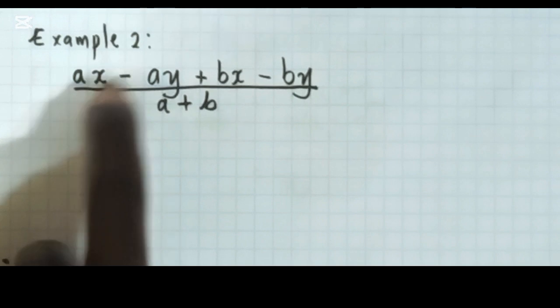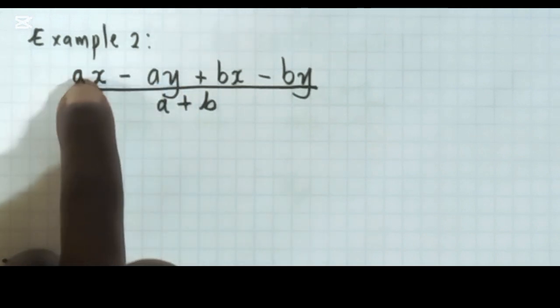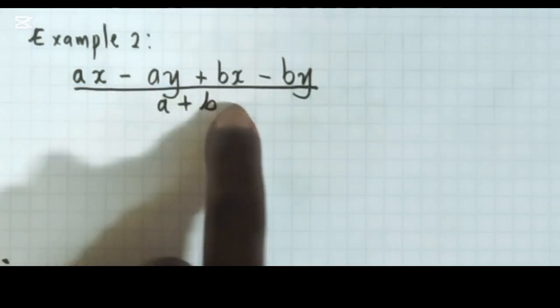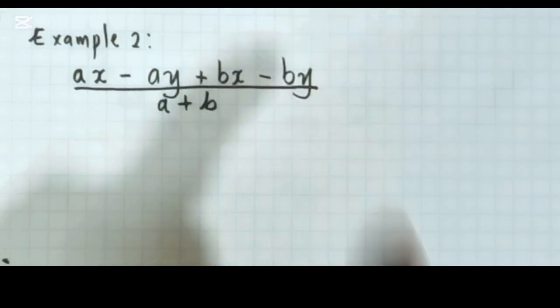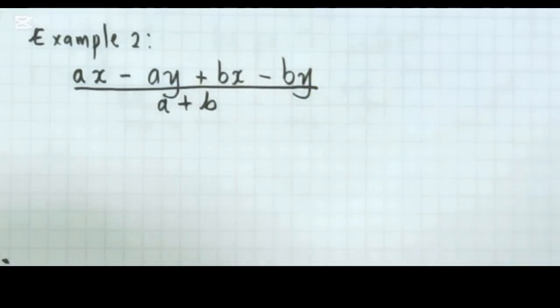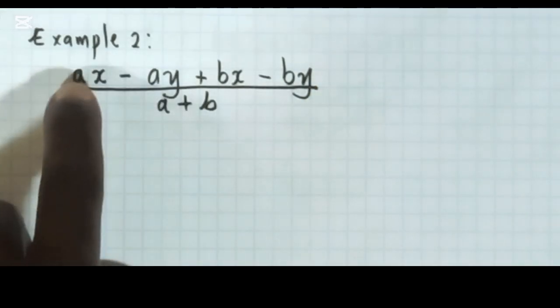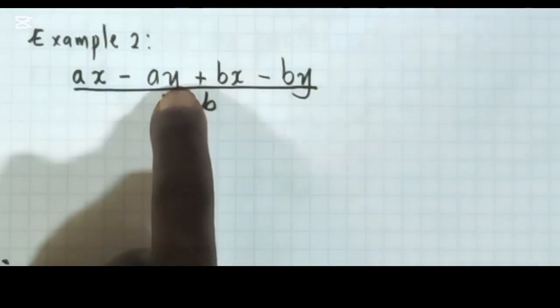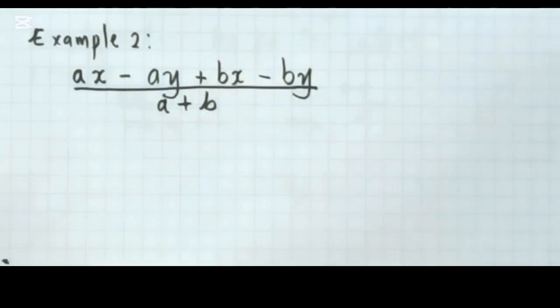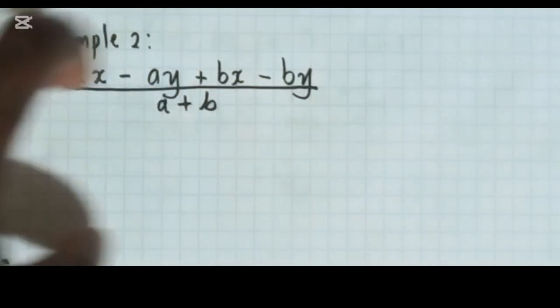X is a common factor here, but it's not a common factor here. So x is ruled out. A is common here, but A is not common here. So if we are going to perform factorization, we're not going to do the simpler version of factorization when solving this problem.